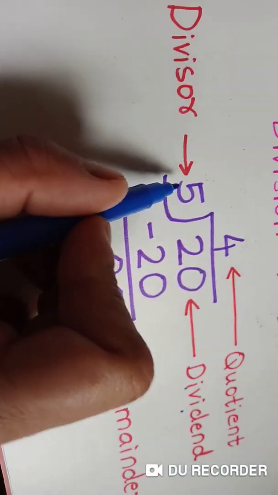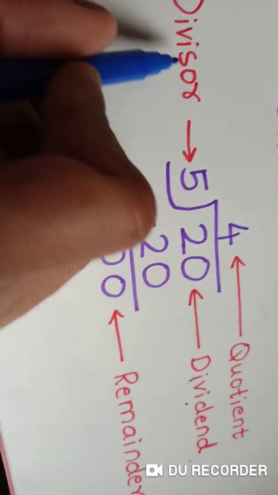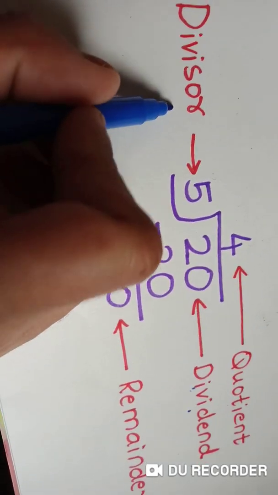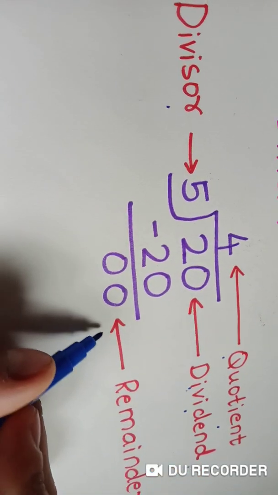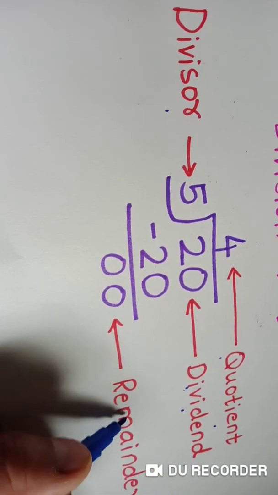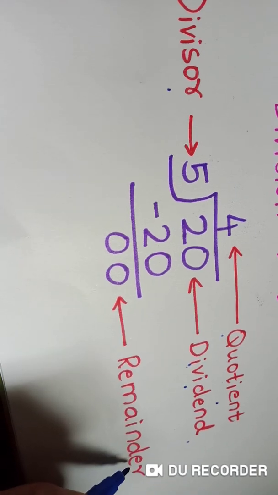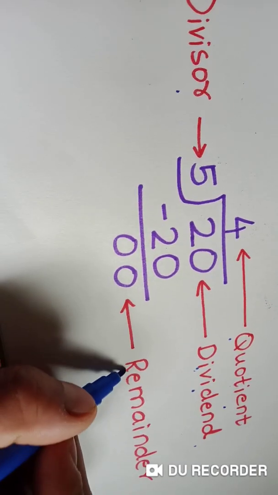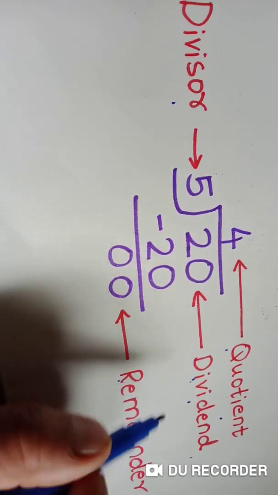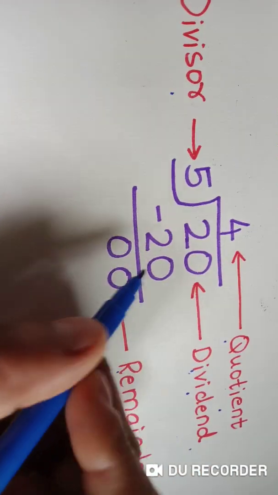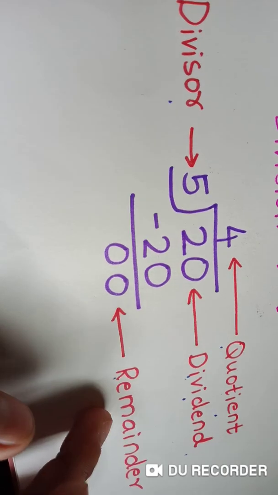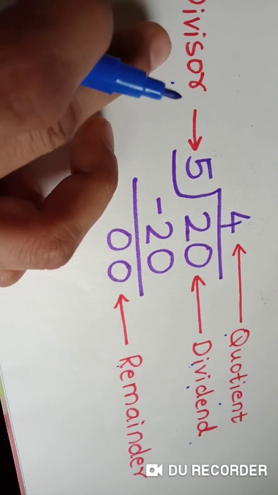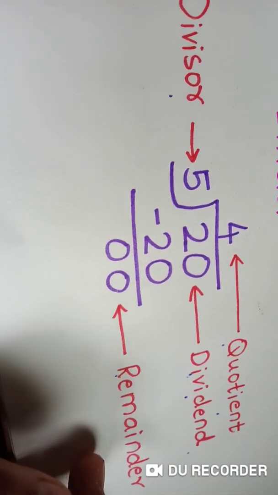The number by which the dividend is divided is called a divisor. The result of division is called a quotient, and the number left after finding the quotient is called a remainder. All these 4 terms are very important. That is quotient, dividend, remainder and divisor. Have you all understood now?